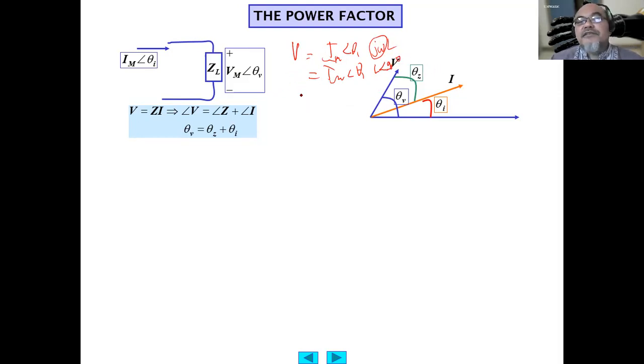Therefore, the voltage will have a 90 degree leading phase compared to the current.